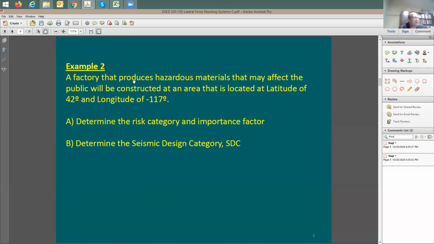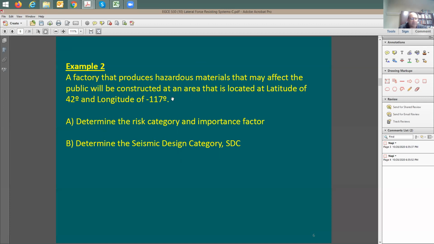A factory produces hazardous material, and the risk category is going to be 3. It may affect the public, and it will be constructed at this latitude and longitude. So in a case like this, you do whatever you need to do for your project.